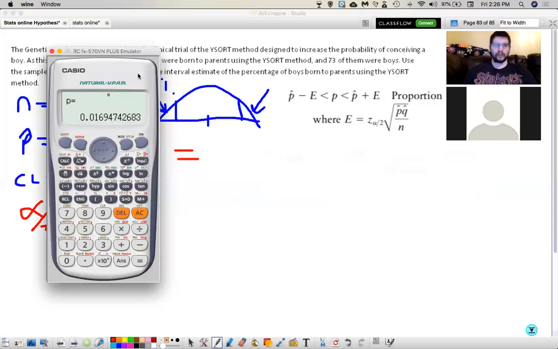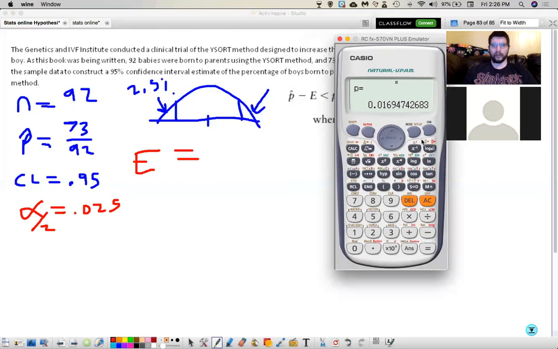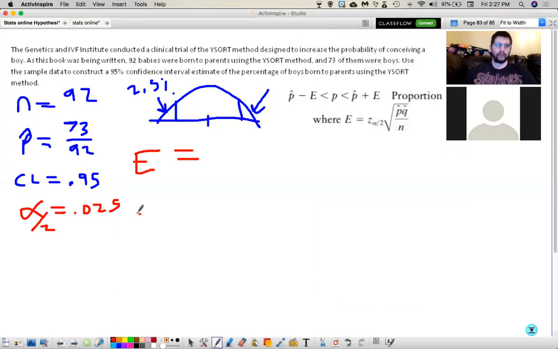So on the Casio, we can easily just grab the inverse normal of 0.025. That's standard, so 1.96. Z of alpha over 2 is 1.96.